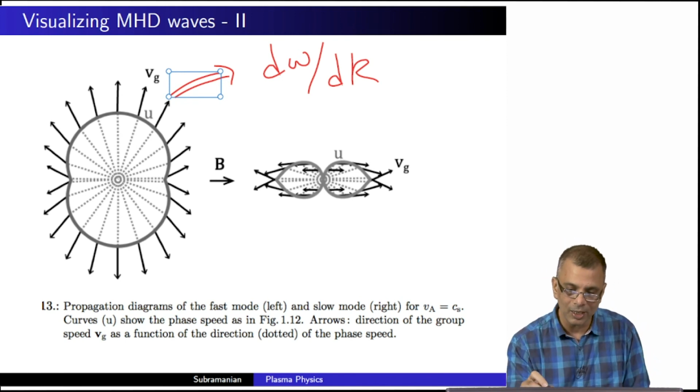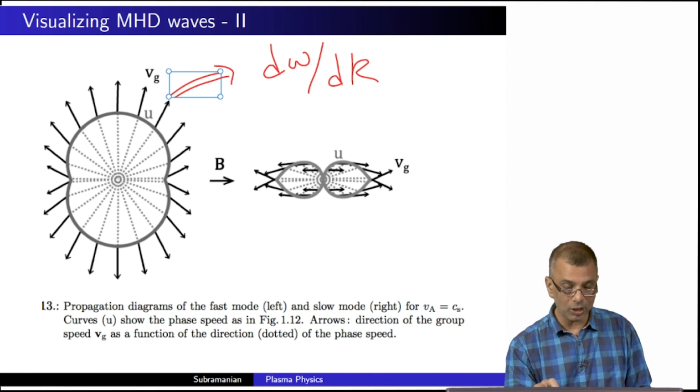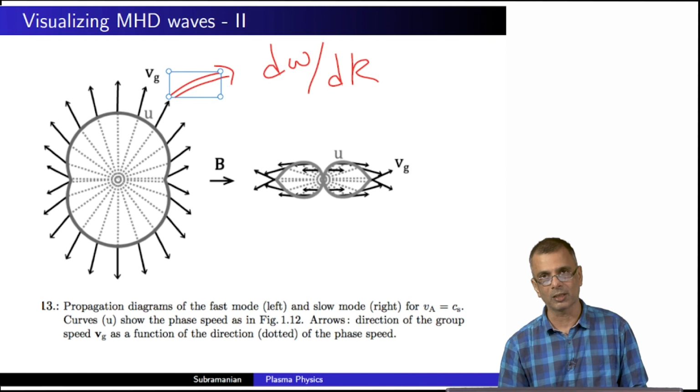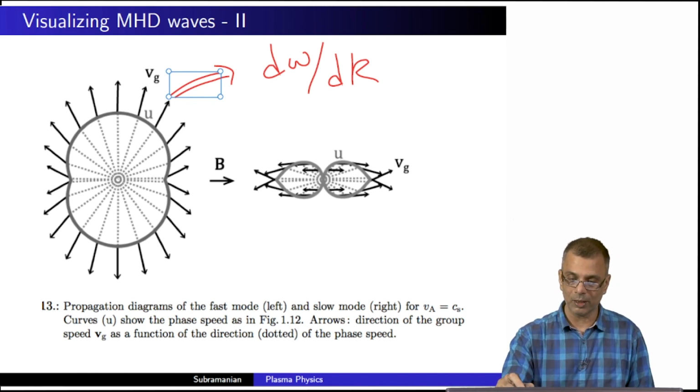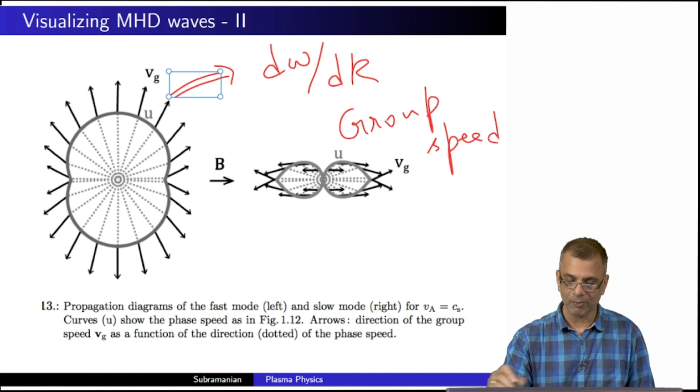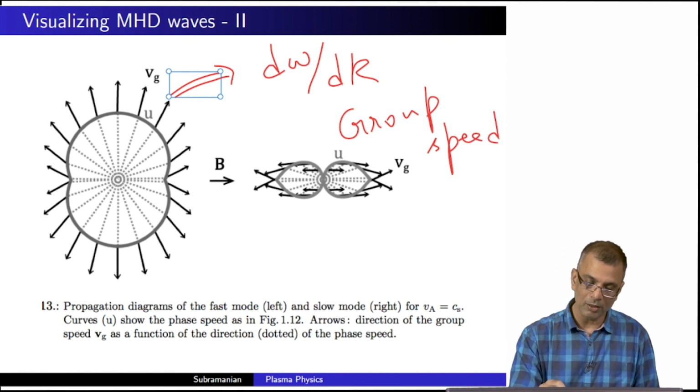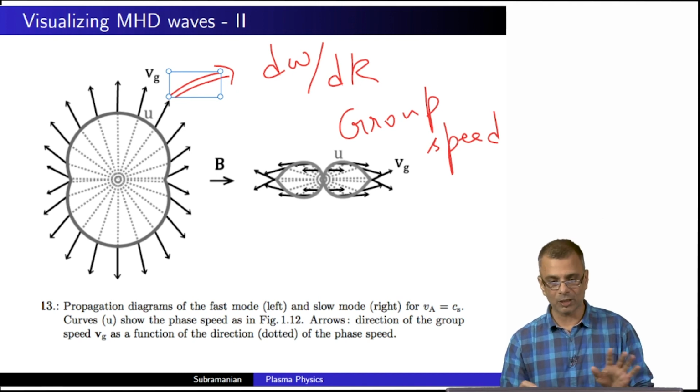So you can clearly see that the d omega dk, the solid arrows, are not in general the same as the dotted lines. The group speed is this, and the phase speed is simply omega over k, which is given by these dotted lines. The dotted lines and the solid lines do not necessarily coincide.